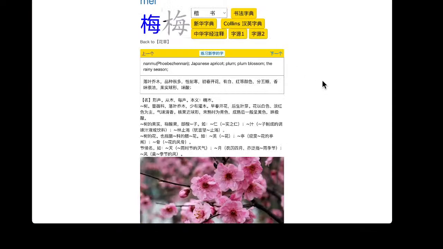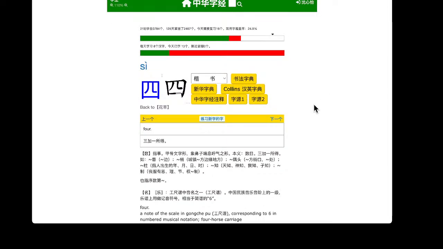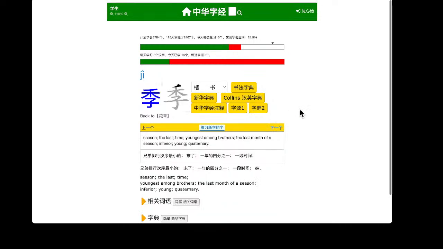So yeah. Let's go to the next one. Next one, 四. Now 四 is just a number. Okay, a counting number. It basically means 4. Okay, 四. Next one. 季. Now 季 means season. That also means a quarter. Okay, a quarter.